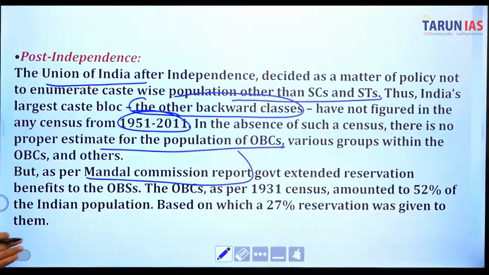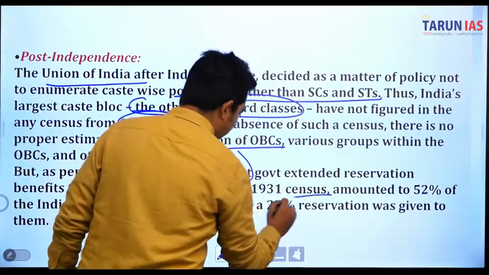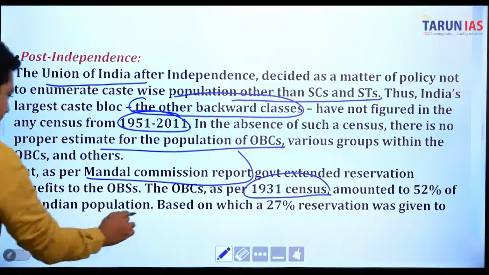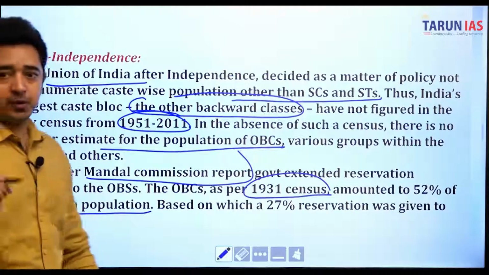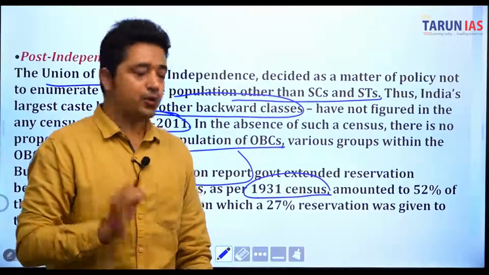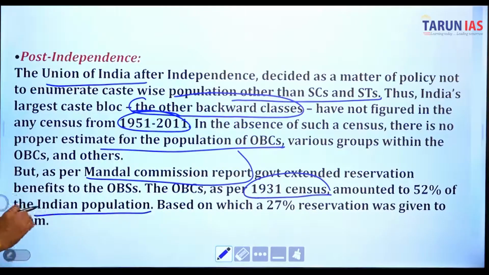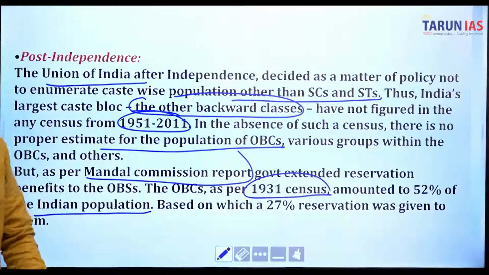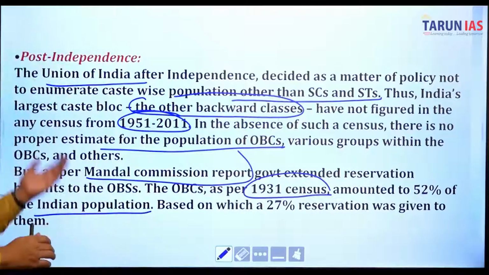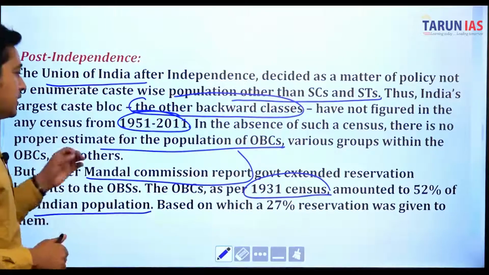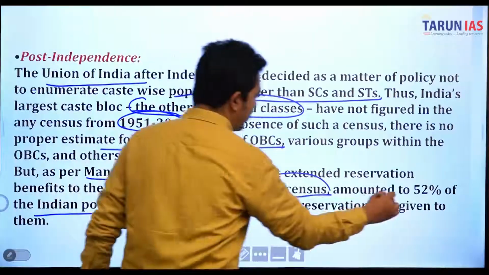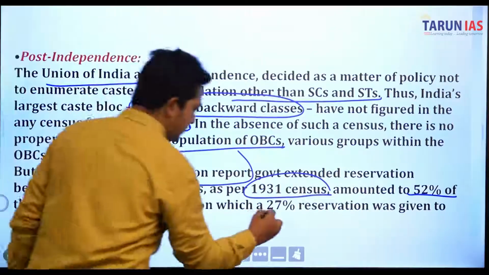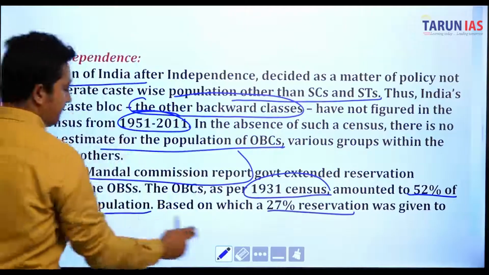According to the 1931 census, OBCs amounted to 52% of the Indian population, and 27% reservation was given to them, which means the OBC are the creamy layer, non-creamy layer. So with the help of the Mandal Commission, the government extended reservation based on the 1931 census, which showed 52% of the Indian population, and 27% reservation was given to them.